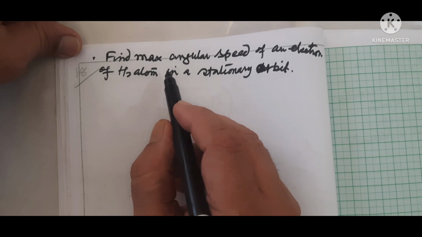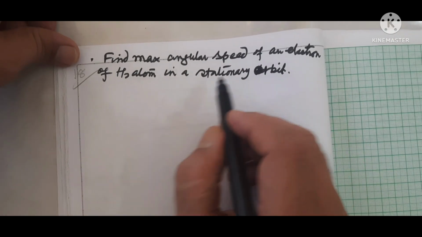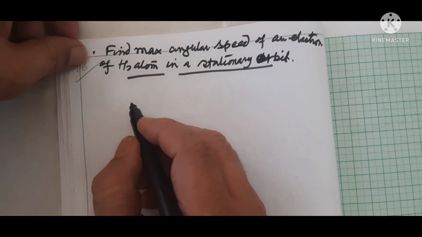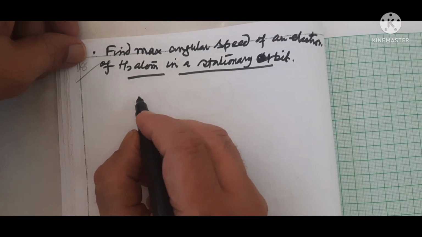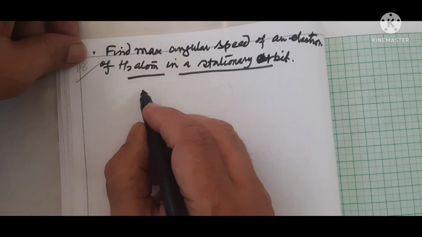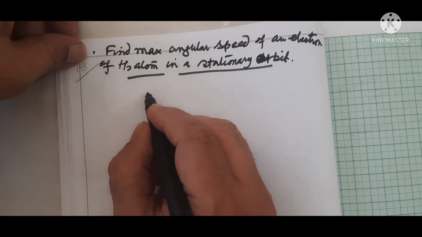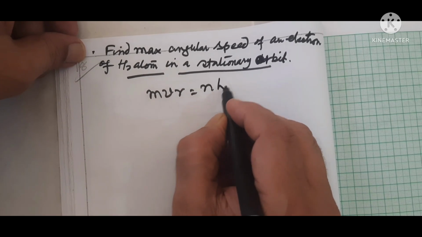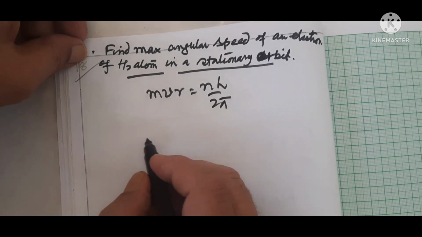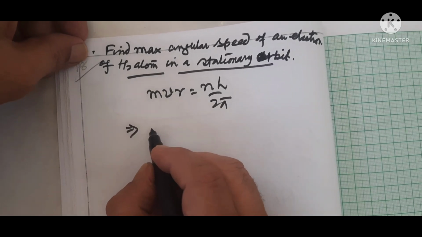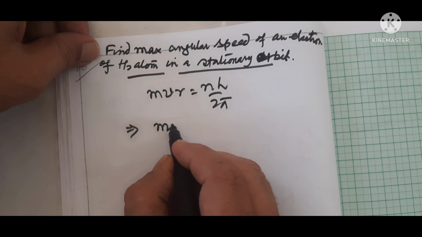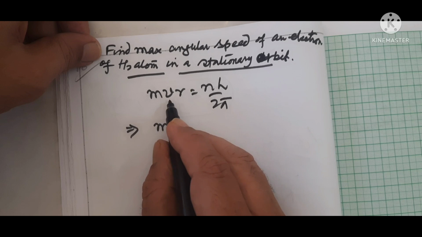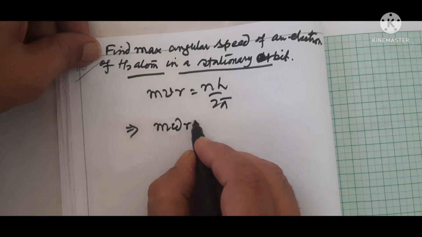Another question, find the maximum angular speed of an electron of a hydrogen atom in a stationary orbit. So definitely we have to use Bohr's postulate, that is angular momentum mvr is equal to nh by 2 pi. This we can write m, in place of v, I am writing omega r into r.